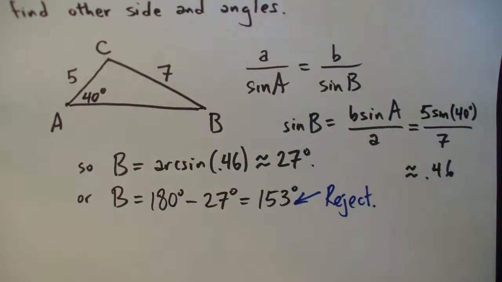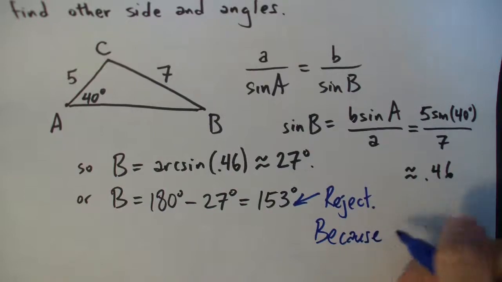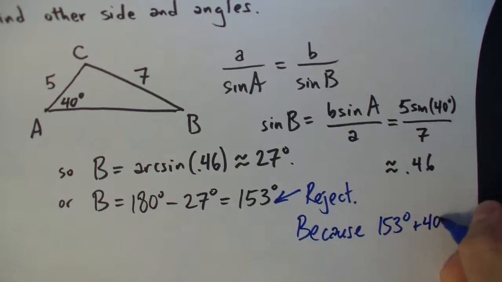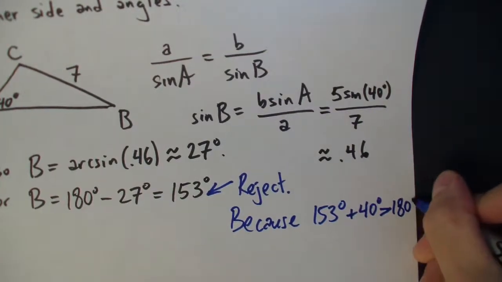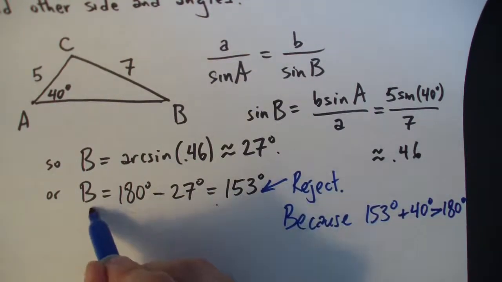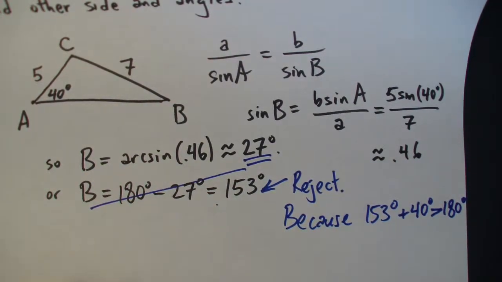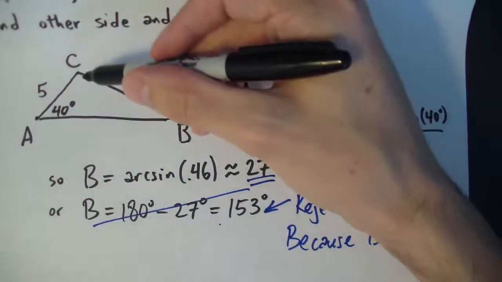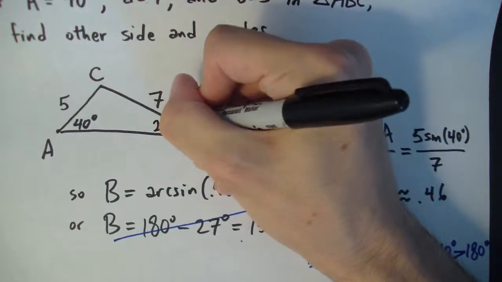The sum of the angles has to be 180. So we reject it because 153 degrees plus 40 degrees is already bigger than 180 degrees. And so because of that, this case is out. And so we just have that B has to be 27 degrees. And again, that matches our geometric intuition that there really was only going to be one way that this side of the triangle could meet over here. So B has to be 27 degrees.